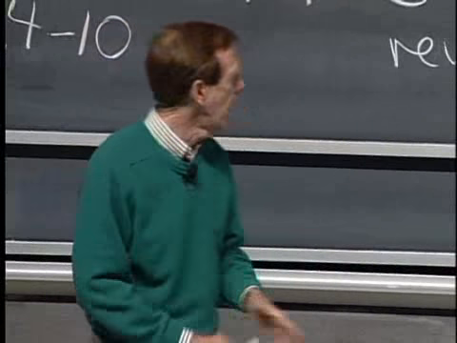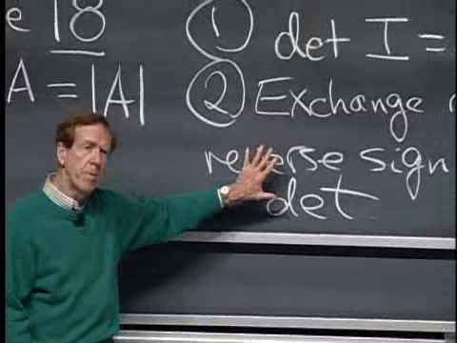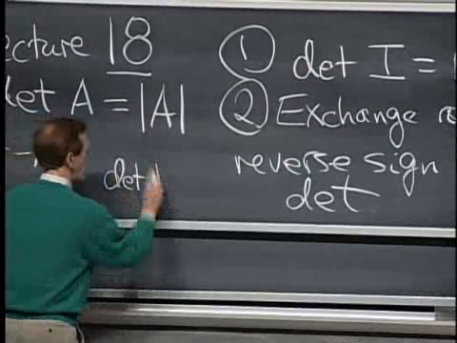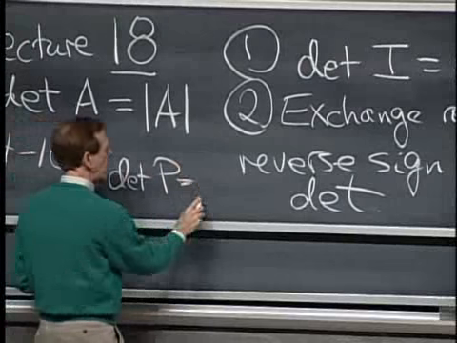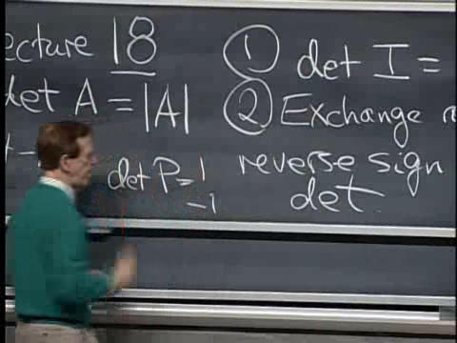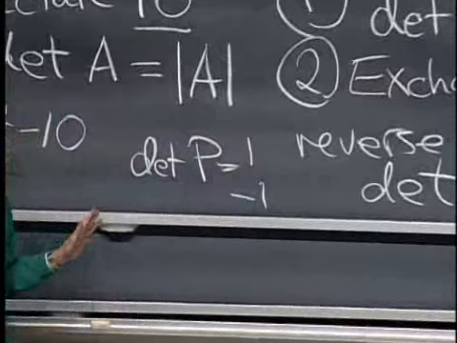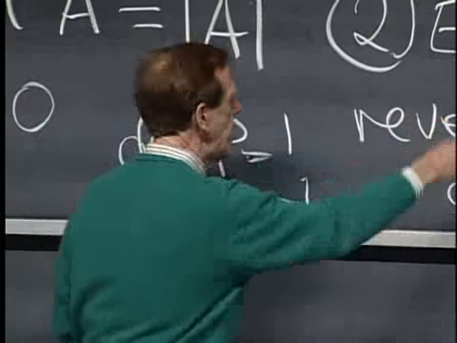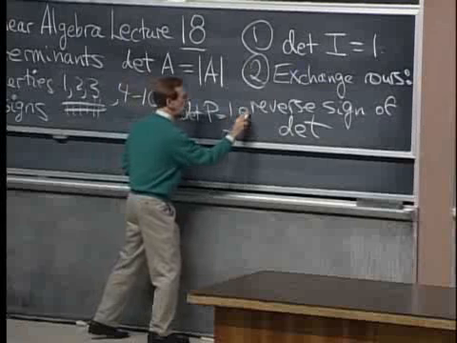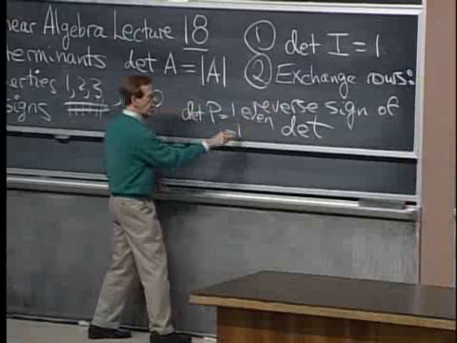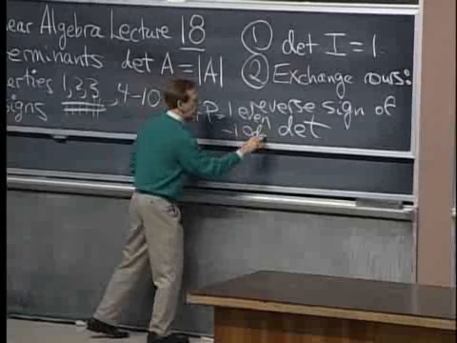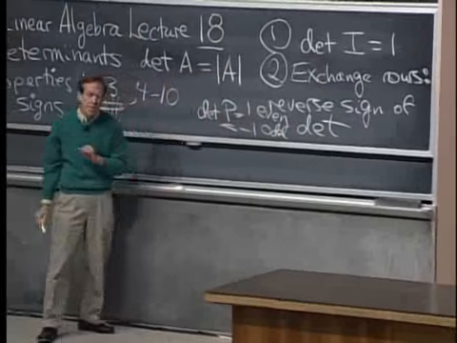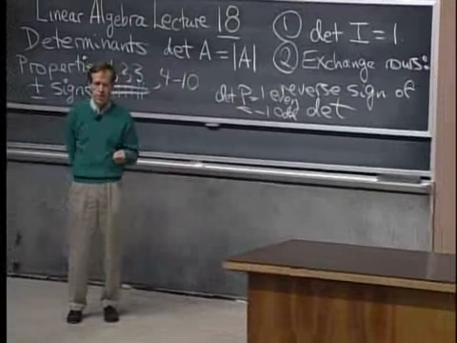At this point, I know every permutation matrix. So the determinant of a permutation matrix is 1 or minus 1, depending whether the number of exchanges was even or the number of exchanges was odd. So this is the determinant of a permutation. Now P is back to standing for permutation.